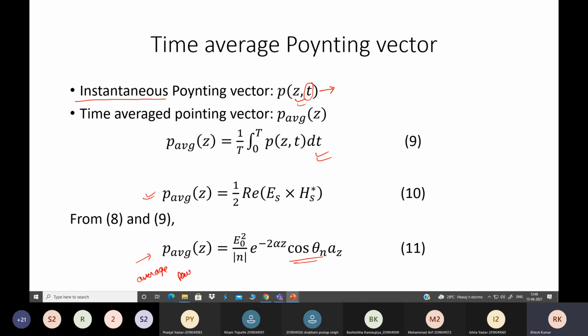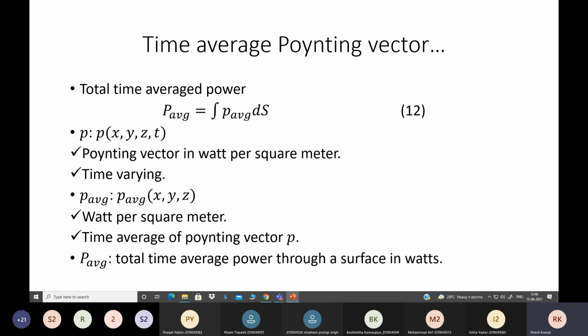From this power density we can calculate the power by taking the surface integral. So the total time average power is given by the average power density and taking its surface integral.